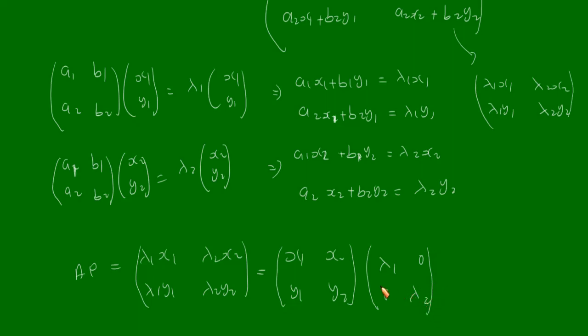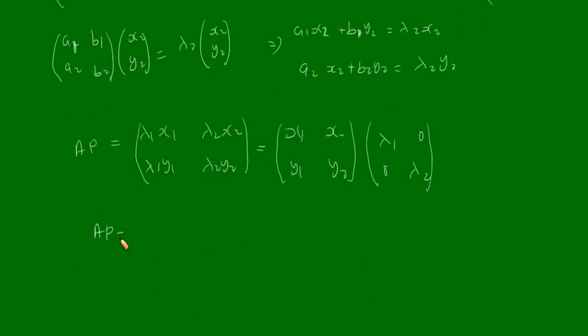So we can write AP is equal to PD, where D is the diagonal matrix lambda 1 0 0 lambda 2. Now if I pre-multiply this equation with P inverse, we get P inverse AP is equal to P inverse P into D, and P inverse P is the identity, so identity into D is equal to D, the diagonal matrix.